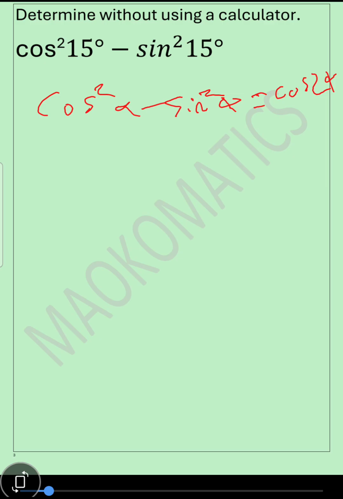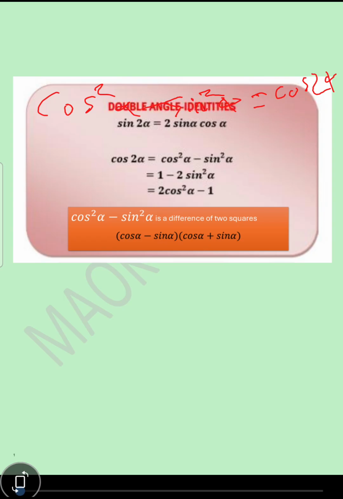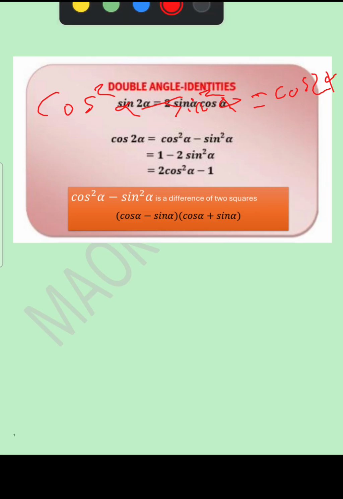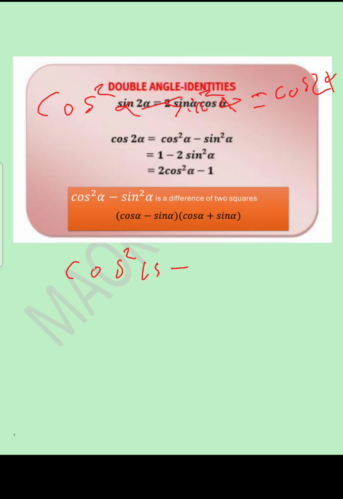The second one, if you look at it, this follows cos squared alpha minus sine squared alpha, which is the double angle identity of cos, which is the same as cos 2 alpha. Let's check. We have cos squared 15 minus sine squared 15.